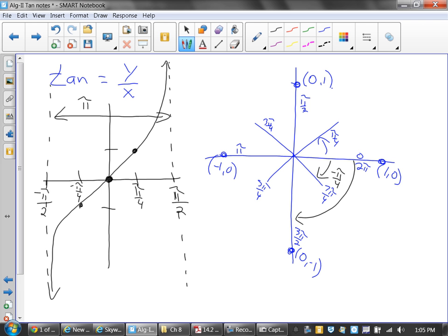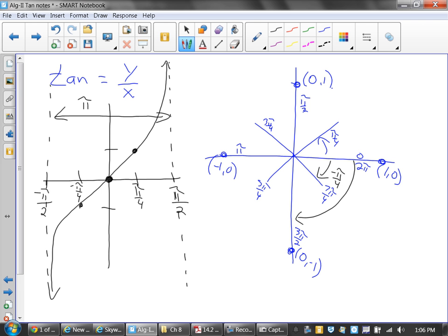No matter what revolution of pi over 2 you wind up at, you're always going to be at a vertical asymptote. Whether it's at pi over 2, 3 pi over 2, 5 pi over 2, 7 pi over 2, and so on and so forth. It's going to oscillate to that asymptote each time. That's why we have these vertical asymptotes.